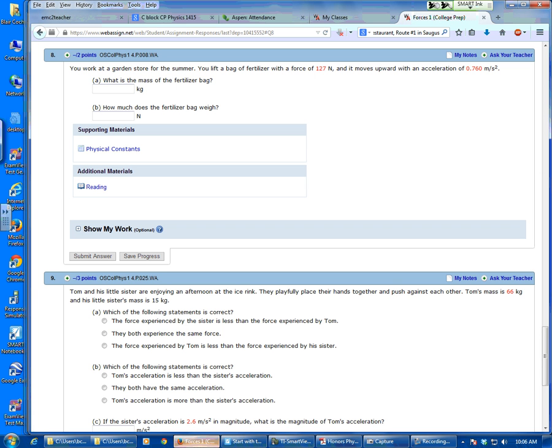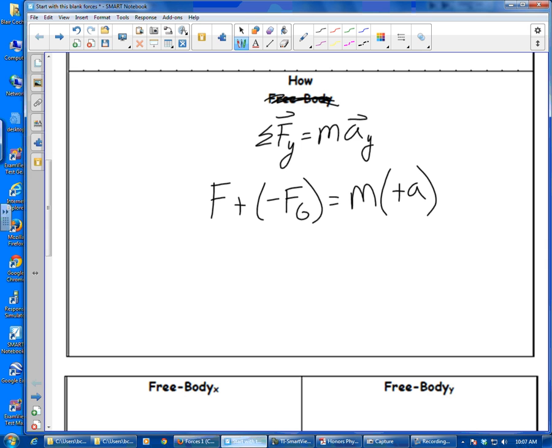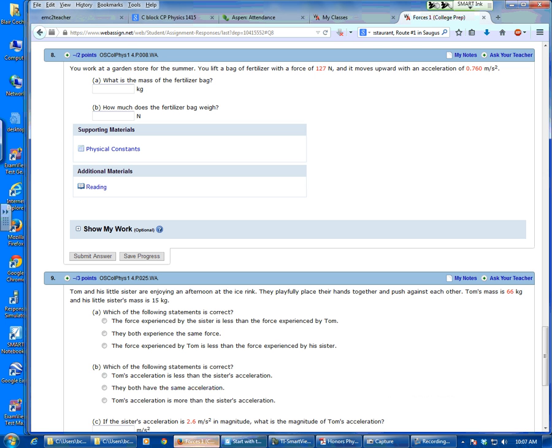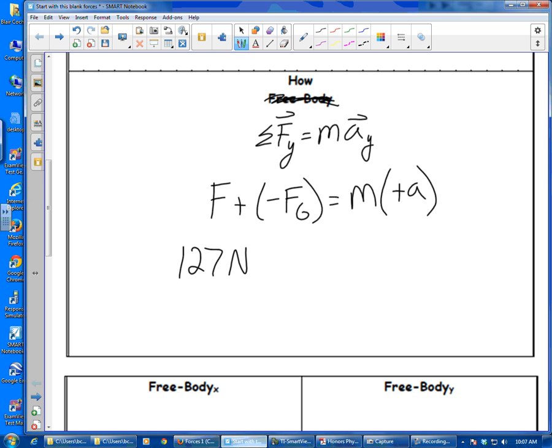Let's see, you lift a bag of fertilizer, the force used is 127 newtons. So that's that F, 127 newtons. And it moves upwards with an acceleration of 0.760 meters per second squared.